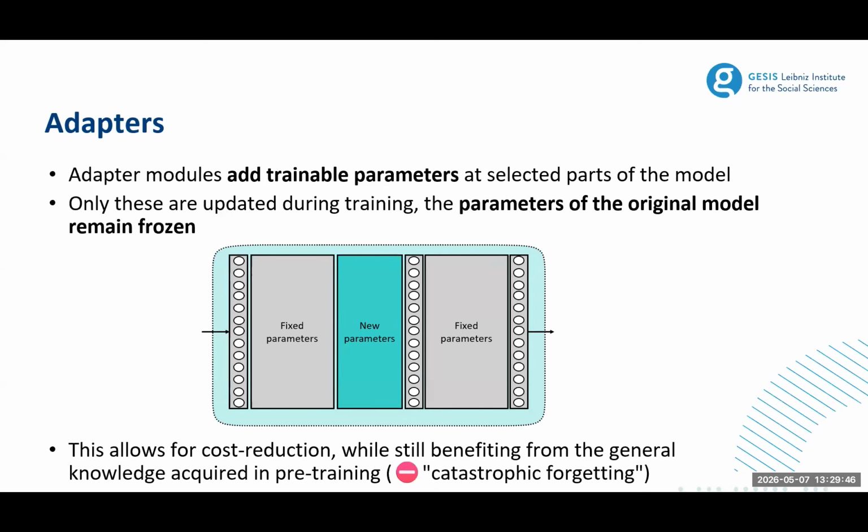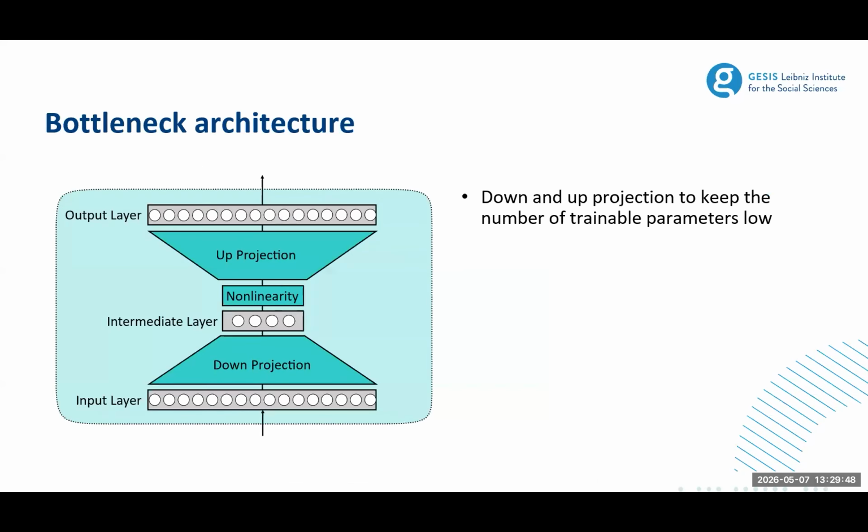But there's a further trick that ensures efficiency, and that is this specific architecture, which is called the bottleneck architecture. And I think it's pretty clear from the picture why it's called a bottleneck architecture.